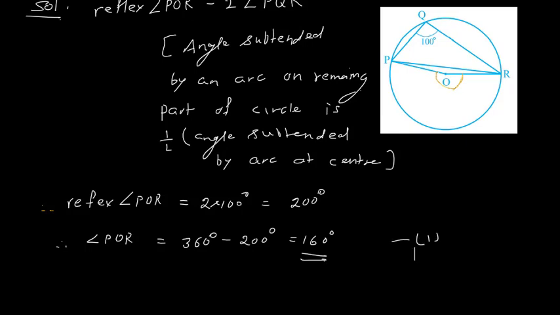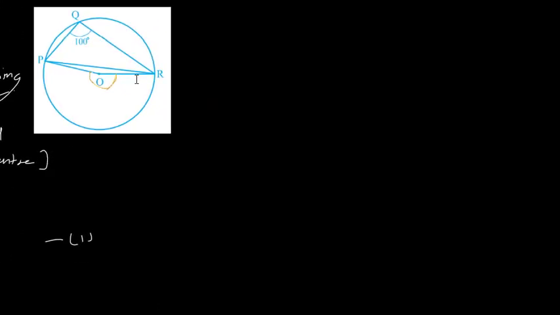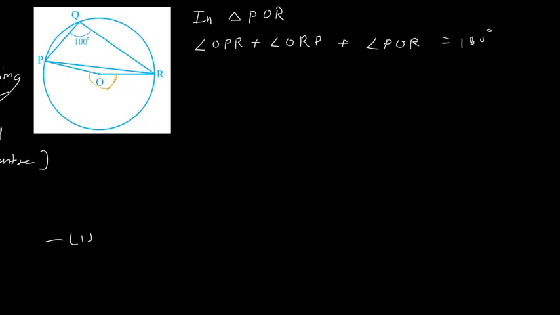Now easily you can see that in triangle POR, angle OPR plus angle ORP plus angle POR is equal to 180 degrees, sum of angles of triangle.